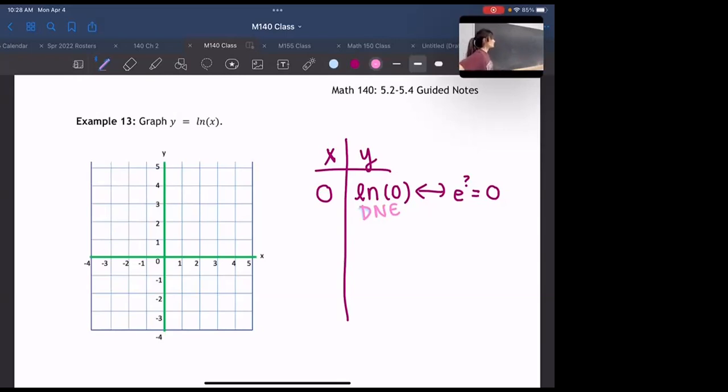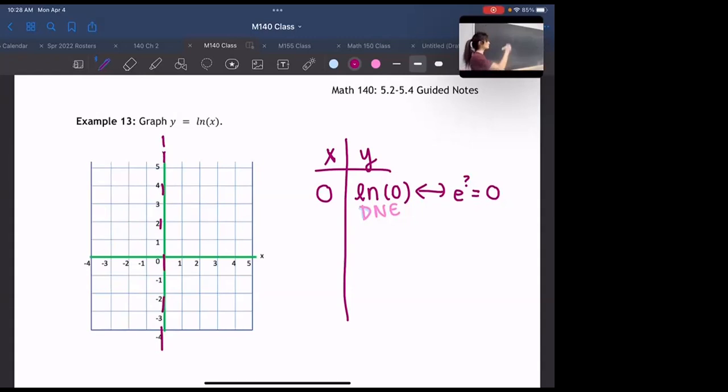So let's take a look. On the graph, when something doesn't exist, what does that turn into? I heard it, an asymptote, right? Something that the graph gets really close to but doesn't touch. And is it going to be a vertical asymptote or a horizontal asymptote? It's actually going to be a vertical asymptote because when x is 0, there is no y value.